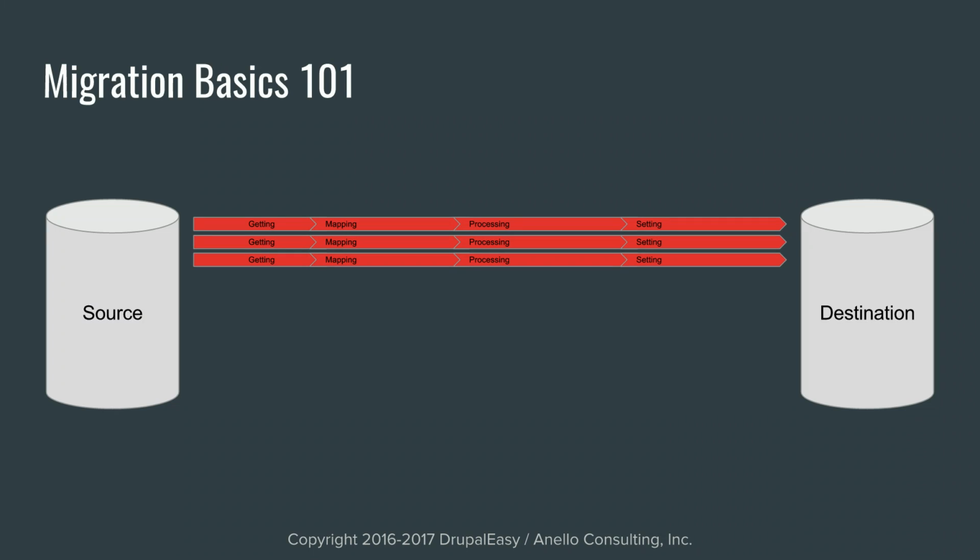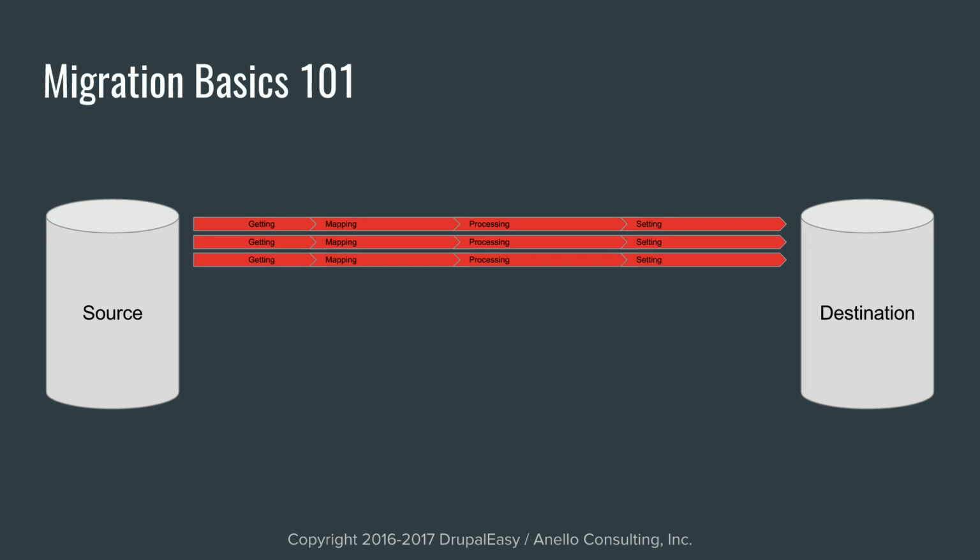If you go into contrib, there's a migrate source CSV module, which is really nothing more than a source plugin. It's a getter that knows how to talk to CSV files. It knows how to extract data from a CSV file and delimit it by a comma or semicolon, colon, or whatever it is.